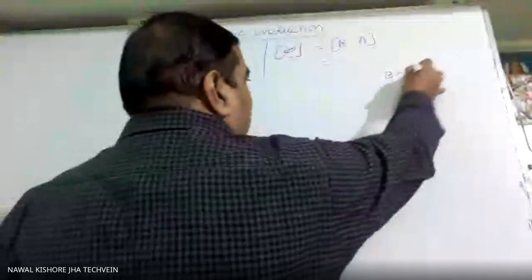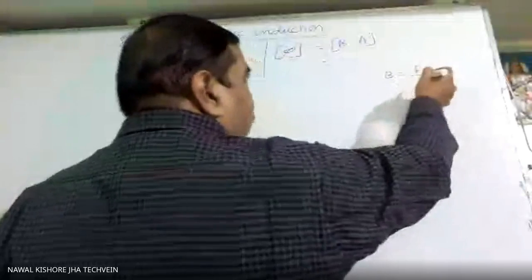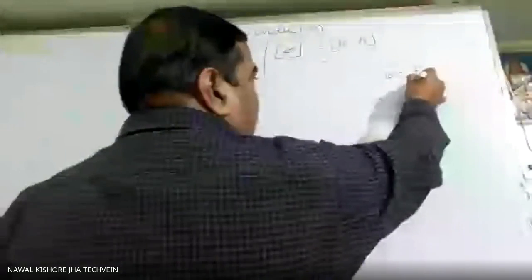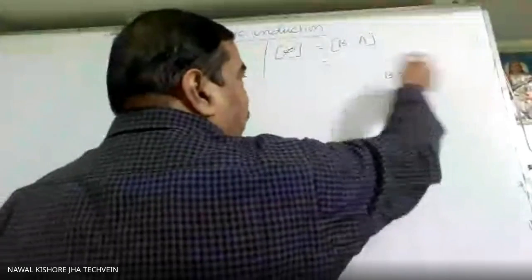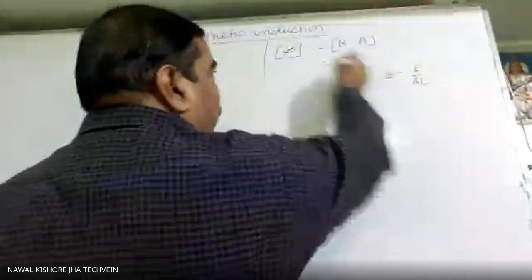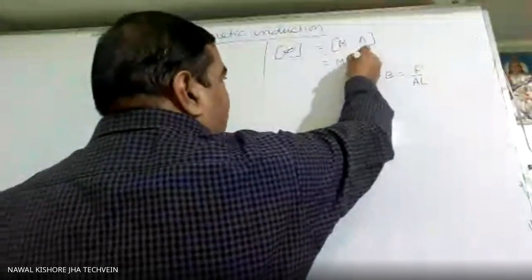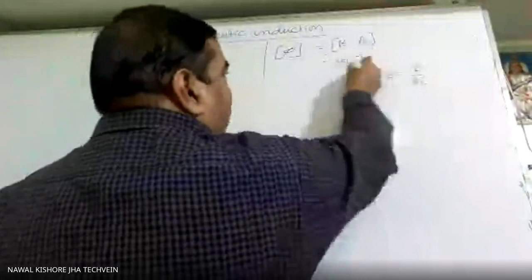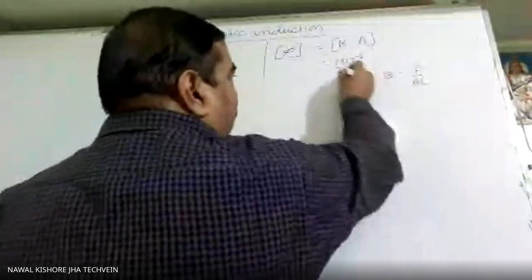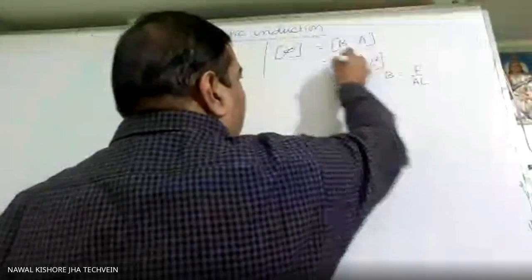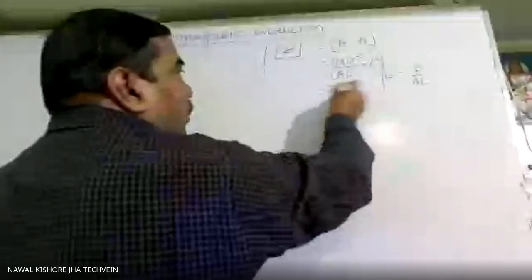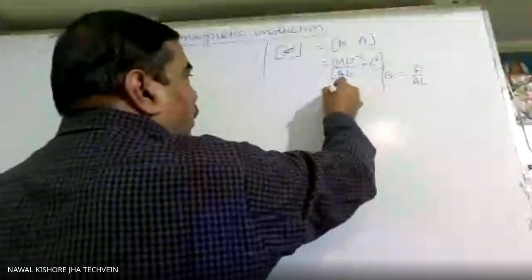B is what? Always forgetting everything. Force per unit pole strength. Pole strength is ampere into length. So force will be what? MLT minus 2, that is the force, divided by A L. So what will you get?